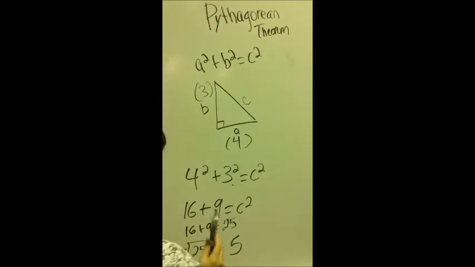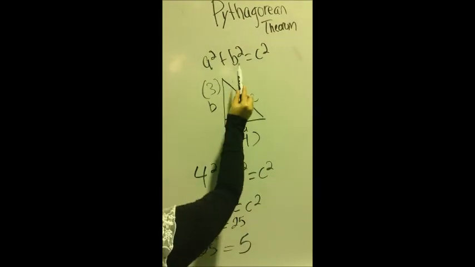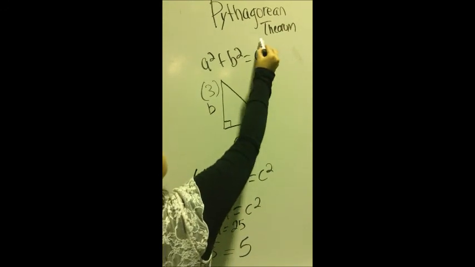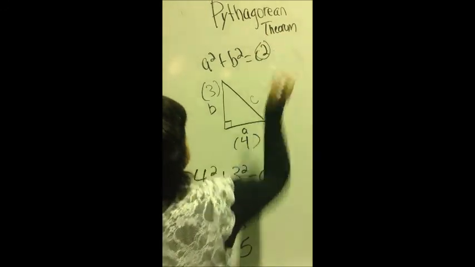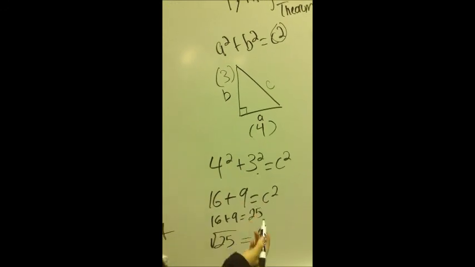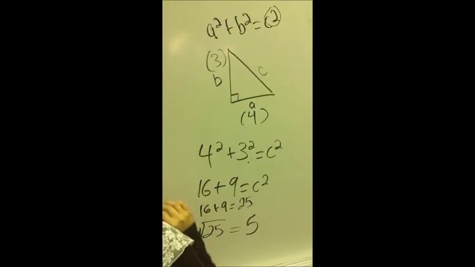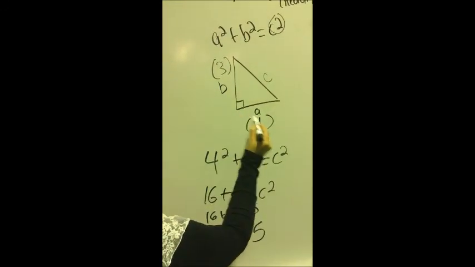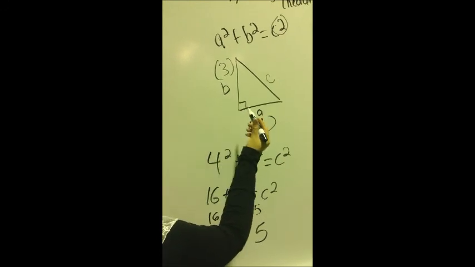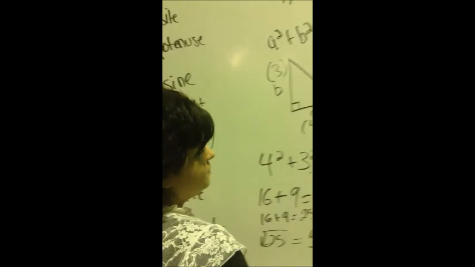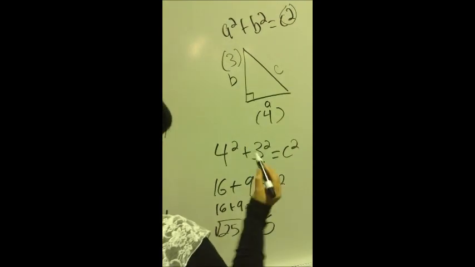Pythagorean theorem is a squared plus b squared equals c squared. Here's an example of Pythagorean theorem. This is A, this is B, and this is C. C will always be the longest side, what you are solving for.